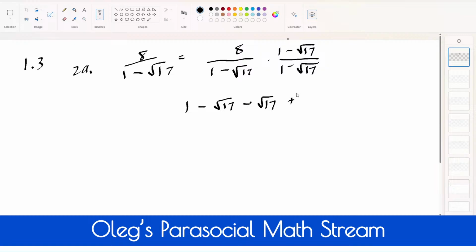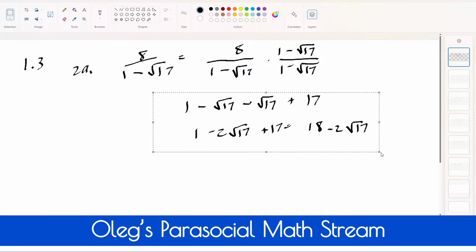And then it would be plus 17. So we would end up with 1 minus 2 root 17 plus 17, which would be 18 minus 2 root 17 if we did it that way. Which doesn't really help us. We kind of expanded it in a way that we were trying to get rid of the denominator. So let's multiply it by positives.